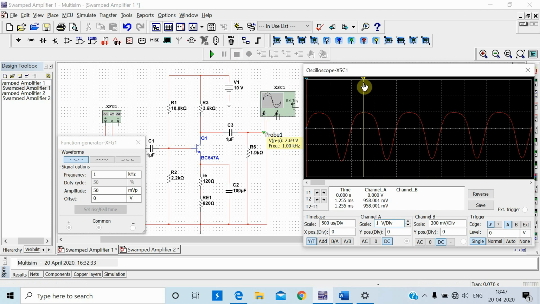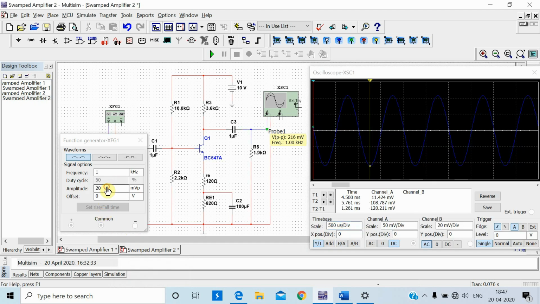Then let us measure the peak value, maximum 959.667 something, and the negative peak 1.936. So this now we have to put in our sheet.